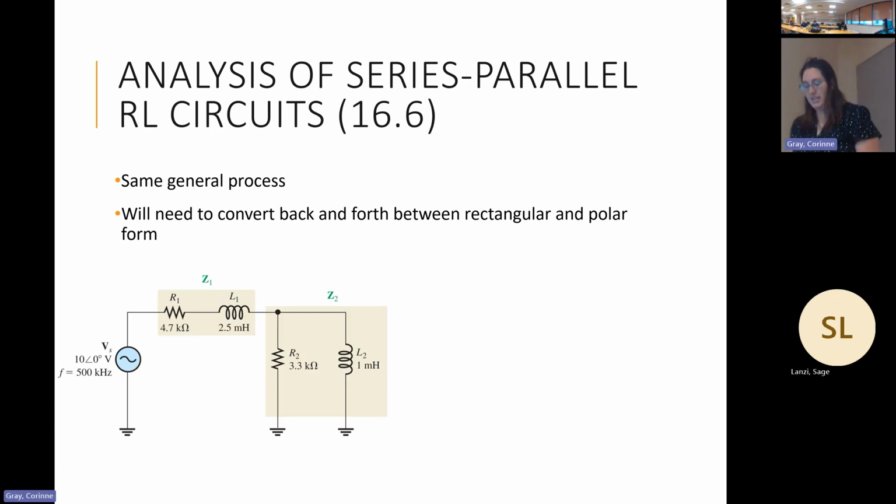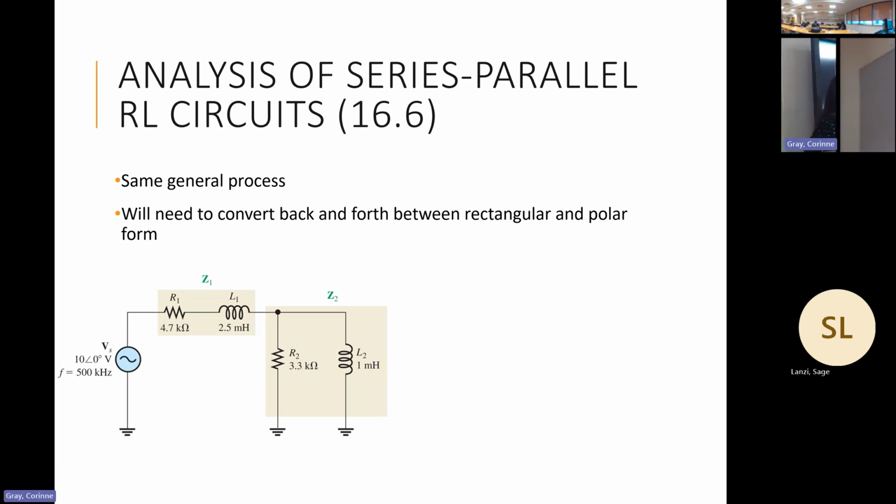So here we have an example. I definitely recommend, if you look at the textbook, pretty much all of section 16.6 is examples. It has maybe three paragraphs of text, but it has examples and working through those. For this one, similar to what we did with resistors, we would probably start as far away as possible.